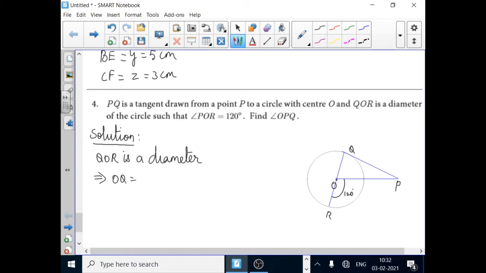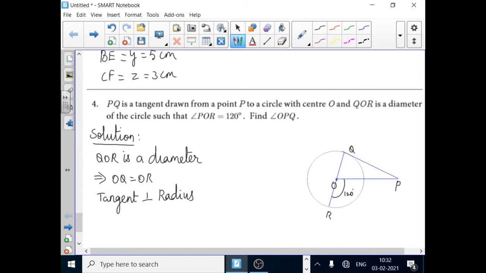Diameter implies OQ is equal to OR. This is one condition. Next, we know tangent is perpendicular to radius, or radius is perpendicular to the tangent.